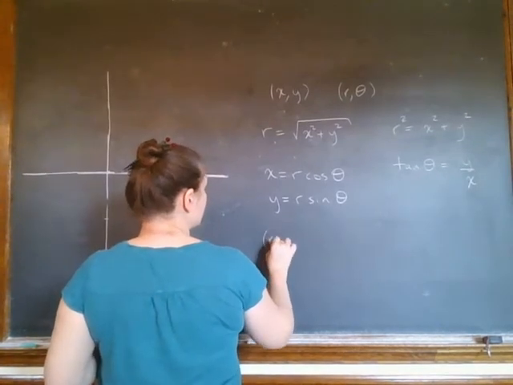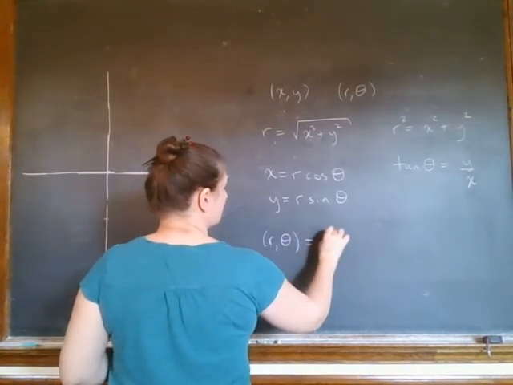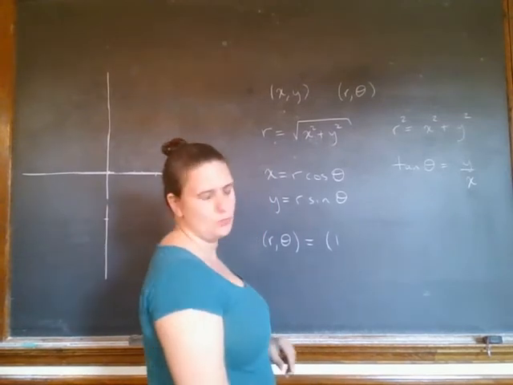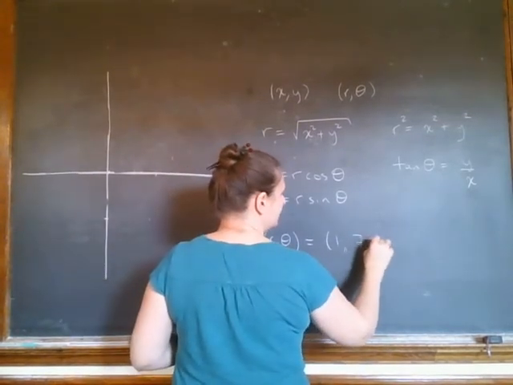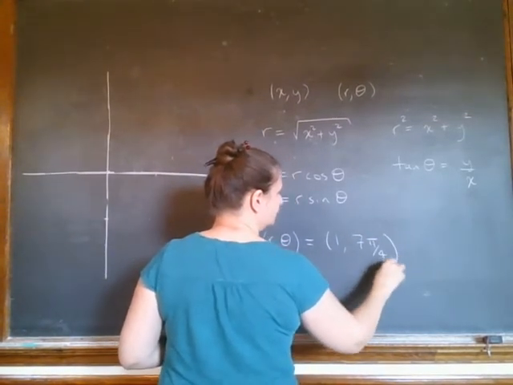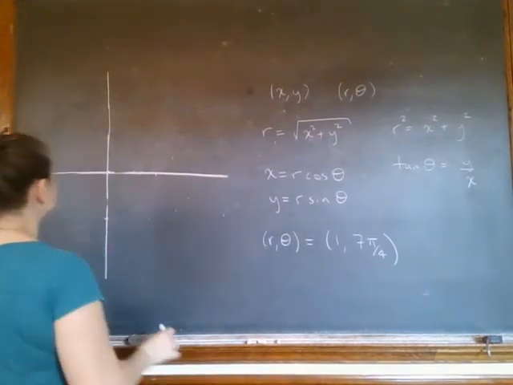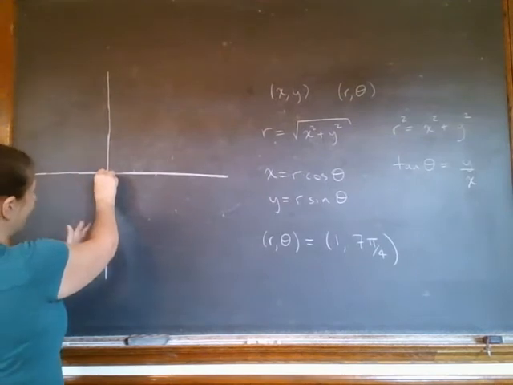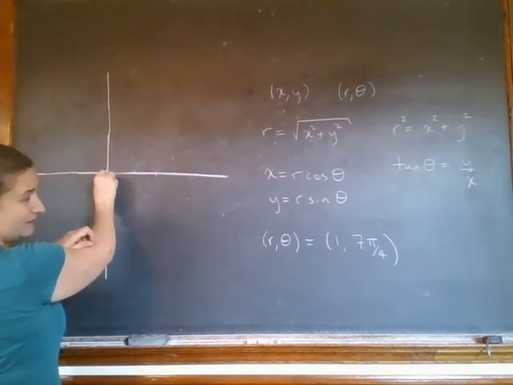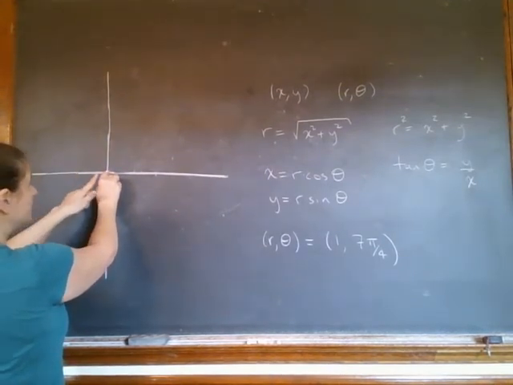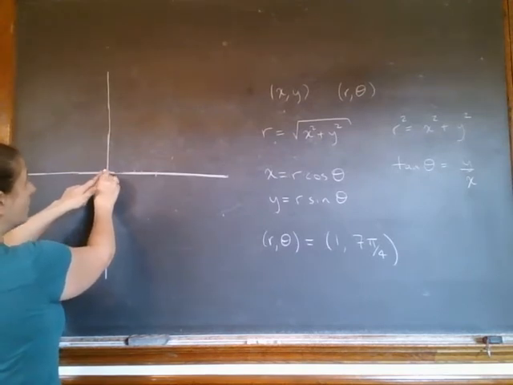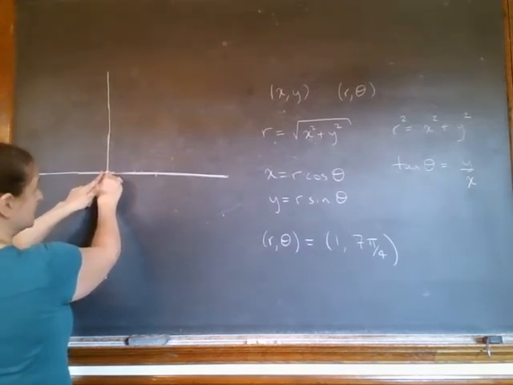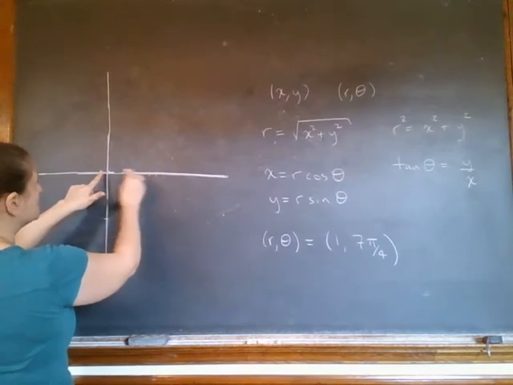So what about this one? 1 and 7 pi over 4. What this means is I'm always going to start here. I just find it easier to think about it in that way. So I'm going to go out on my polar axis a distance of 1 from the origin.